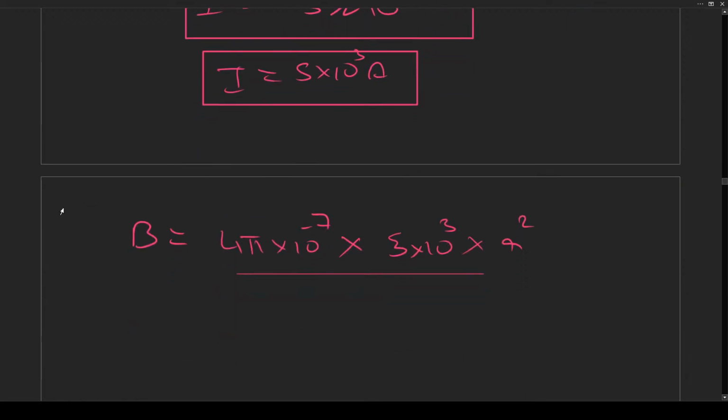I will see this question later. They did not give the radius, so I will just write the final equation.